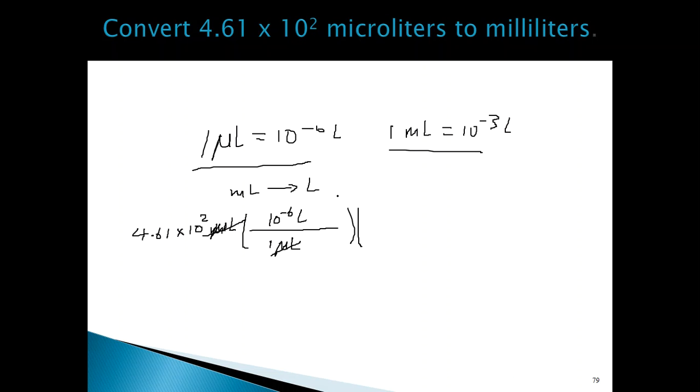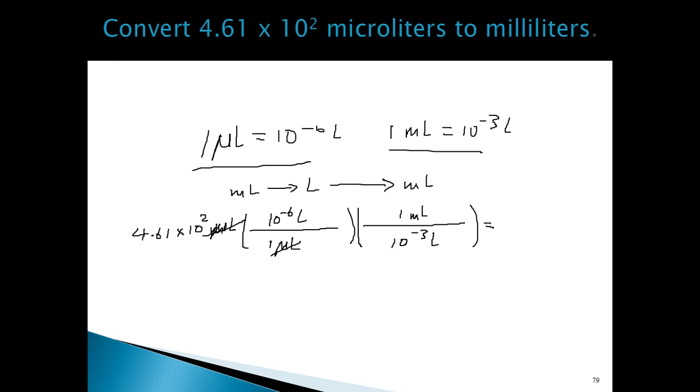And then the next conversion factor is where I would focus on converting from liters to milliliters. So down here I would put 10 to the minus 3 liters as the denominator, and 1 milliliter up top as the numerator.